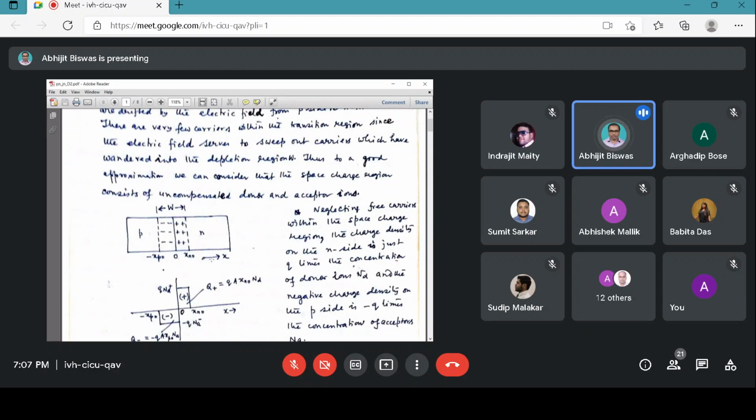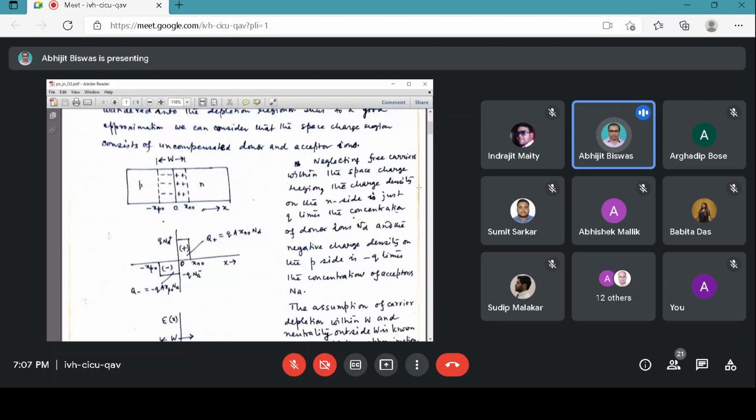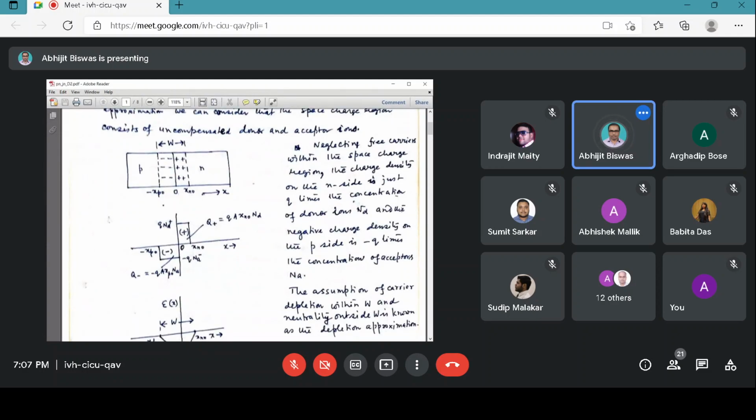So it consists of ionized acceptors or donors, depending on the side with reference to the metallurgical junction. On the right hand side you will find only ionized donors, and on the left hand side ionized acceptors.